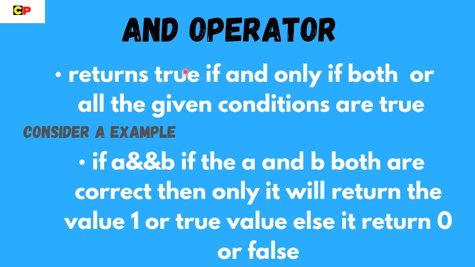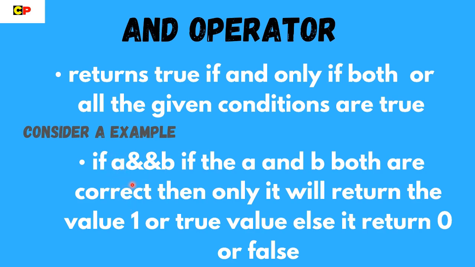As of now, you just see that it returns true if and only if both or all the given conditions are true. Suppose you have two conditions here, A and B. Make sure you understand A and B as conditions, not any kind of number.